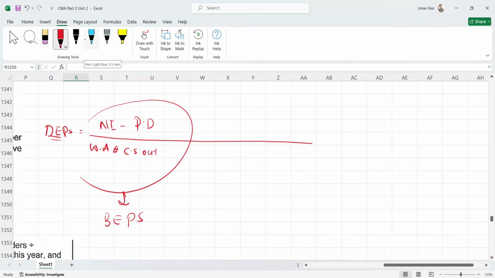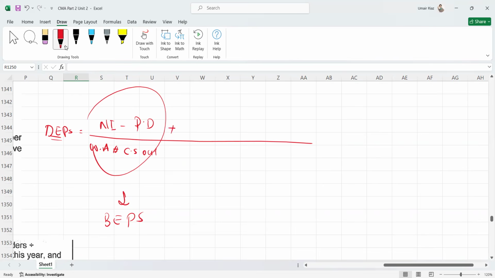If you have a convertible bond, both the numerator and denominator of basic EPS need to be adjusted. In the numerator, we add interest saved times 1 minus T. Please remember, this interest should be per annum.